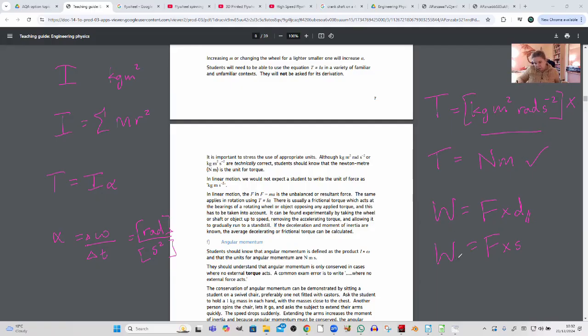Okay, so you need to be aware that although the equations look like they're the same, because the force and the distance or displacement are at 90 degrees to each other, no work is done.